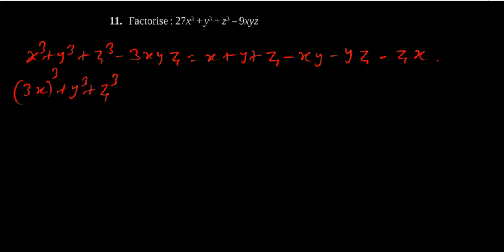So in the minus 3xyz term, in place of x we have to write 3x, and y and z are the same as they are. So we have x is 3x, y is y itself, z is z itself. Let me substitute in the right hand side.